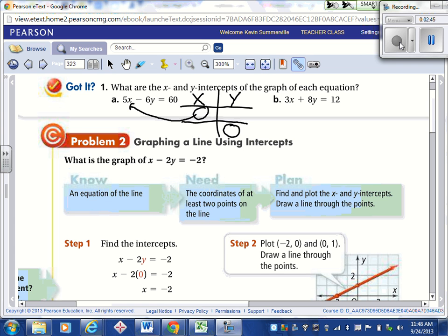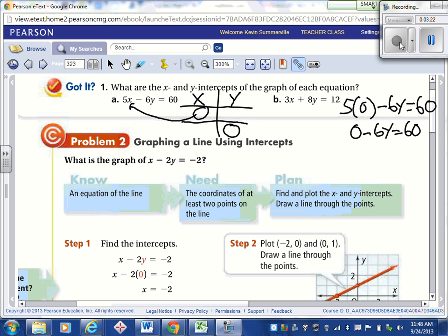So I'm going to rewrite this equation as 5 parentheses 0 minus 6y equals 60. My next step is to take 5 times 0. That's 0 minus 6y equals 60. I don't need to write that 0, so as you come to it next time, just avoid putting the 0 down and just put negative 6y equals 60.